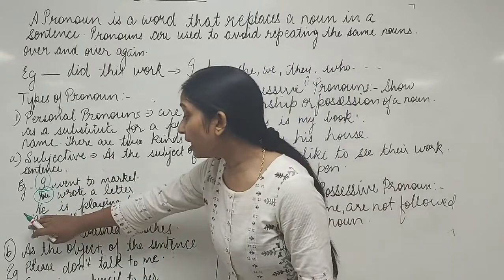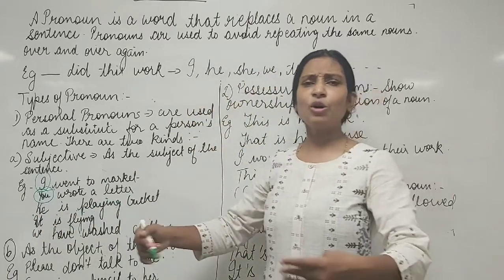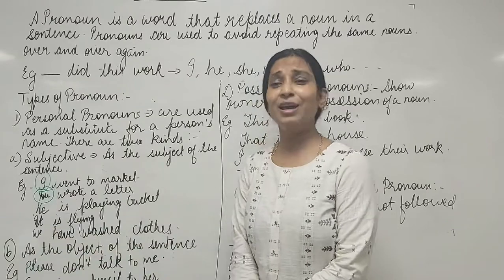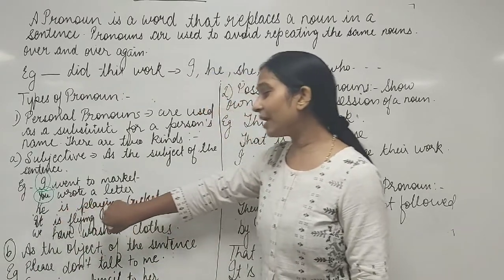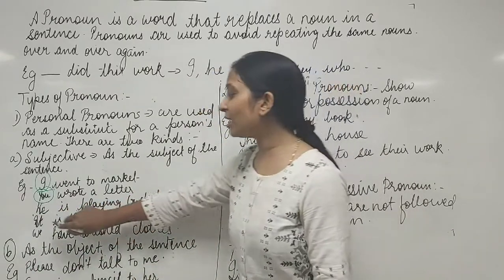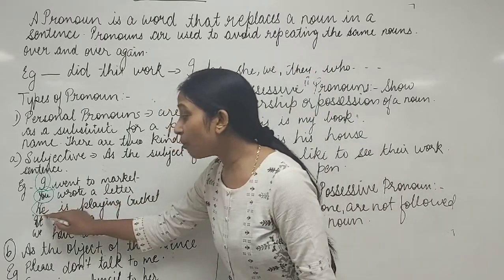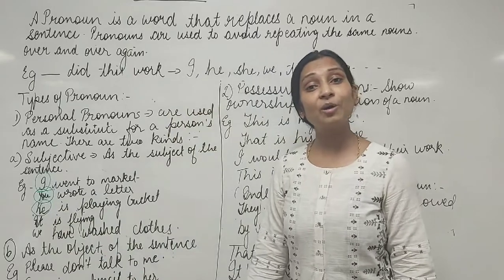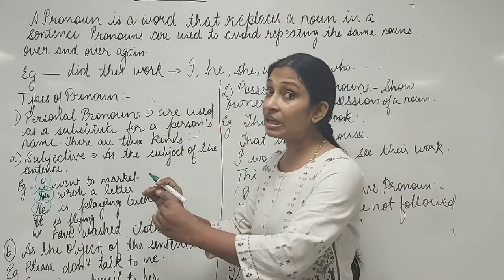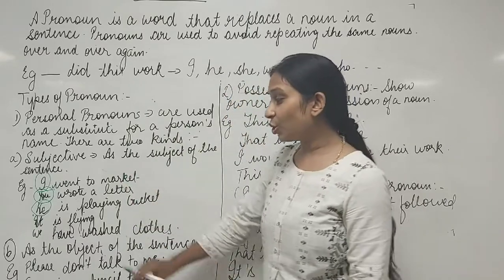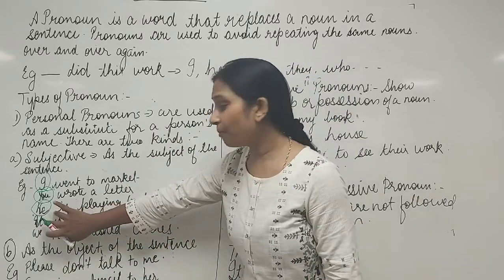Now third, he is playing cricket. I could actually use any name. Instead of he, I could use Anshdeep, right? So here Anshdeep is playing cricket. Instead of that, what have I used? He is playing cricket. Clear? So instead of a boy's name, I have used the pronoun he over here, and he has been used at the beginning of the sentence. So it is a subjective pronoun.